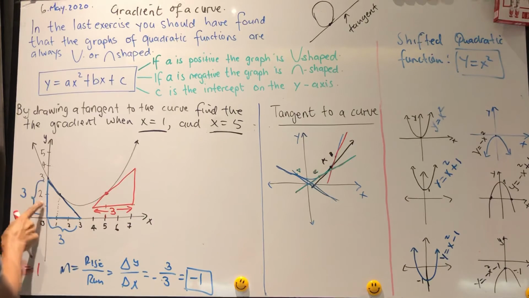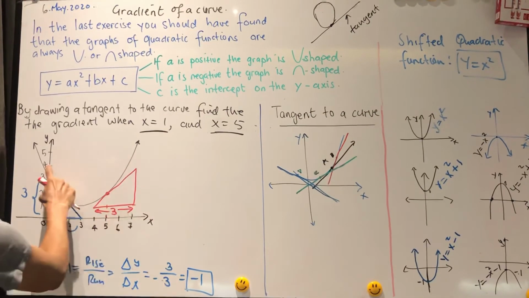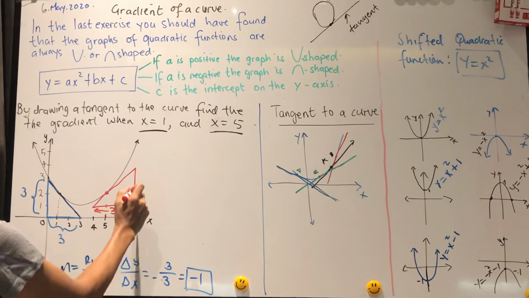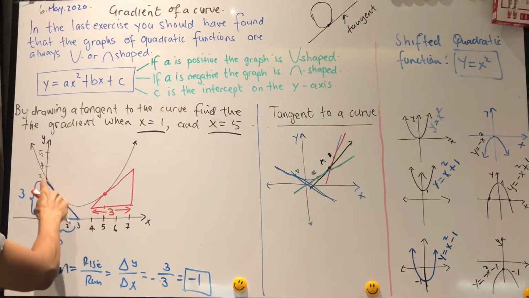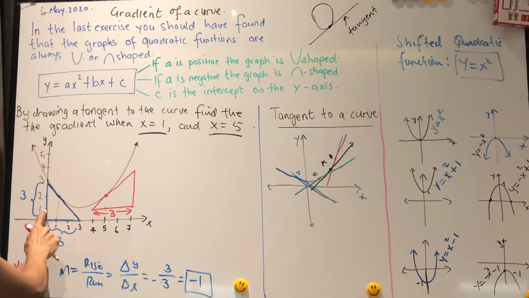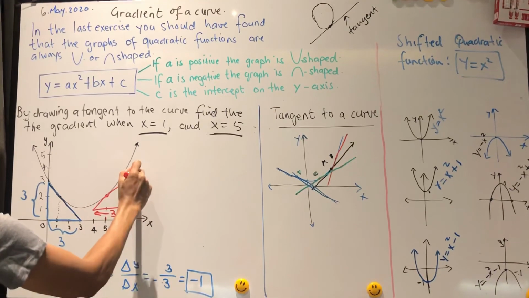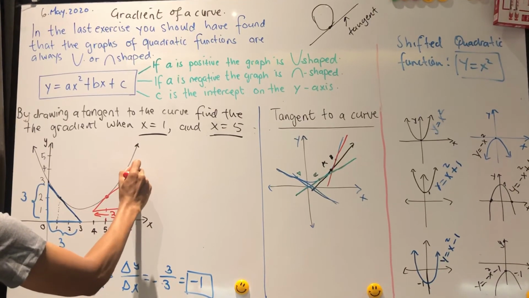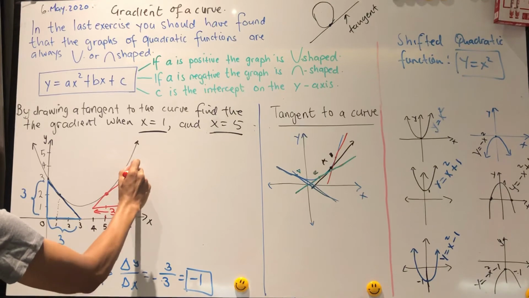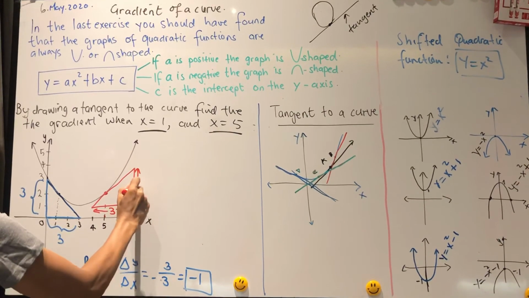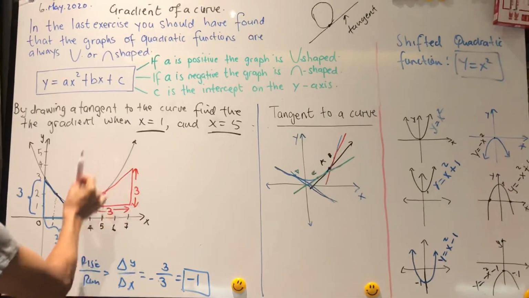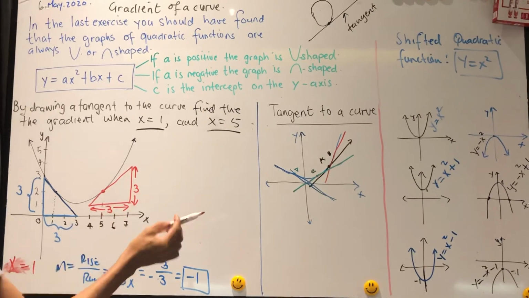So 4 minus 1 is 3. So in this case, the distance here is 3. And obviously, I'm using the board, so yours could be different, okay?